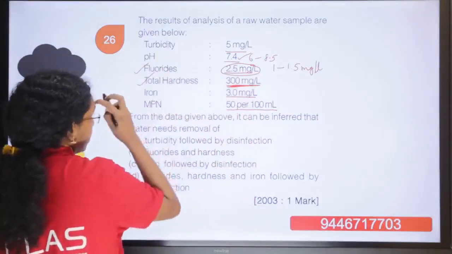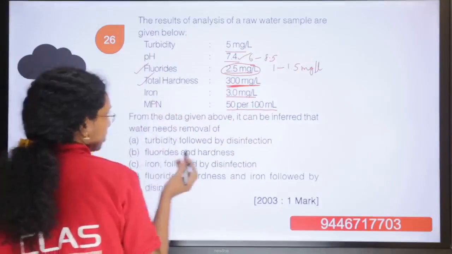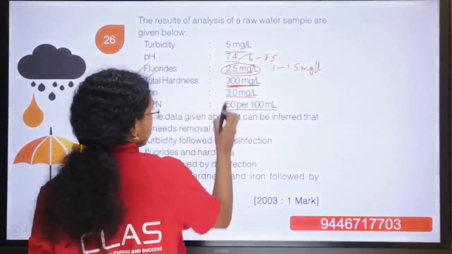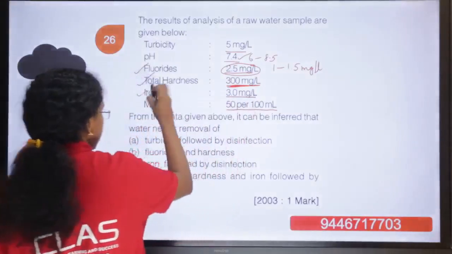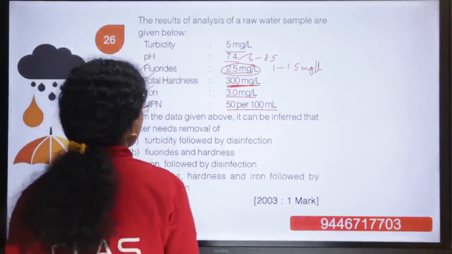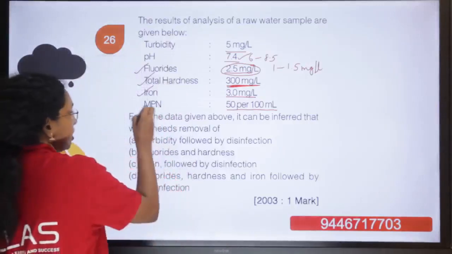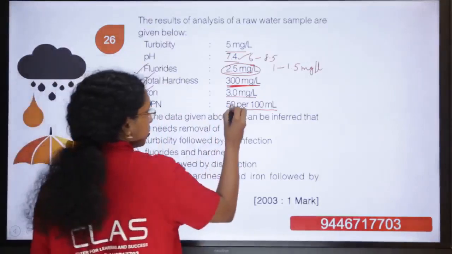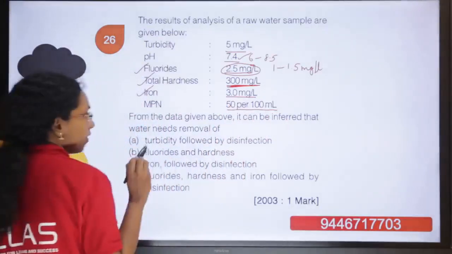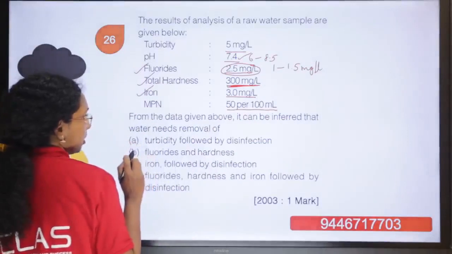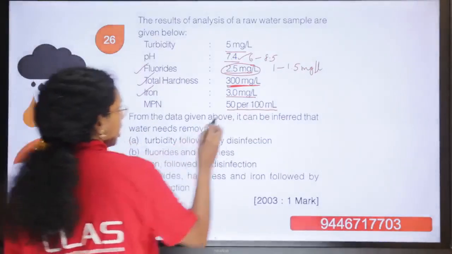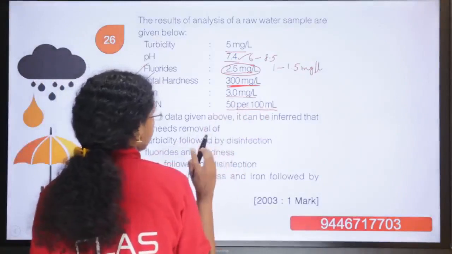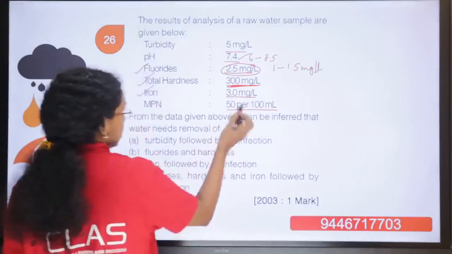Then the amount of iron that can be present in the water is around 0.3 milligram per liter maximum. Here it is 3 milligram per liter, hence iron should also be removed. Next is the MPN, the most probable number: there are 50 units per 100 ml, but there should not be any bacteria present, or a maximum of 1, and here it is 50.